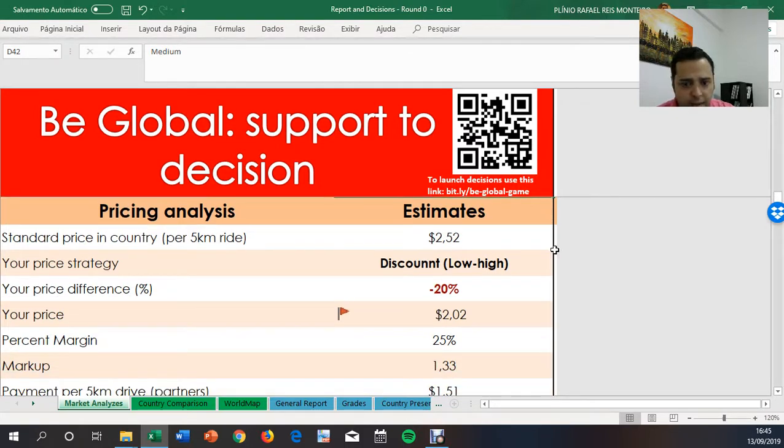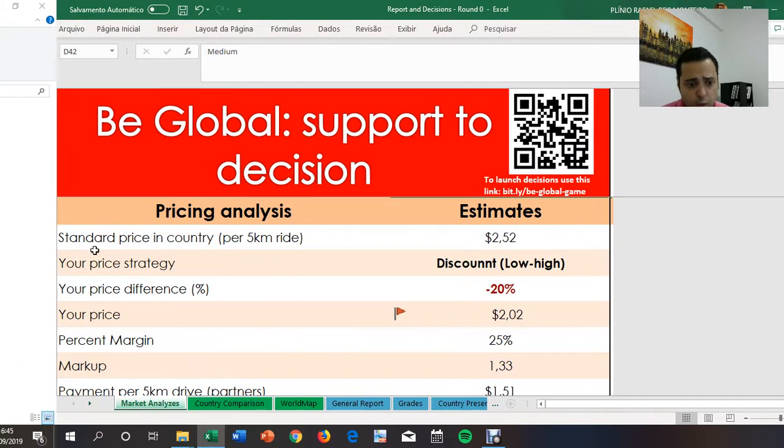With a low price, this means that in Brazil, in general, it was expected to cost $2.52 for a 5 kilometer ride, but we are adopting a discount strategy. This means that in general, we are going to give a 20% discount on this price. So basically, the price that I'm planning to use for the first year is $2 per 5 kilometer ride.